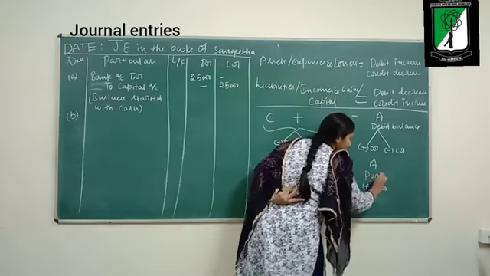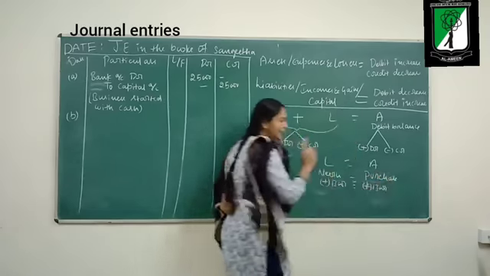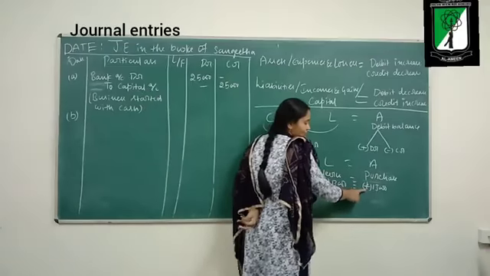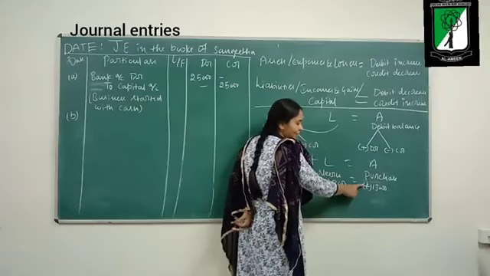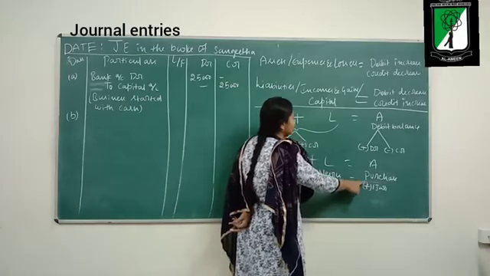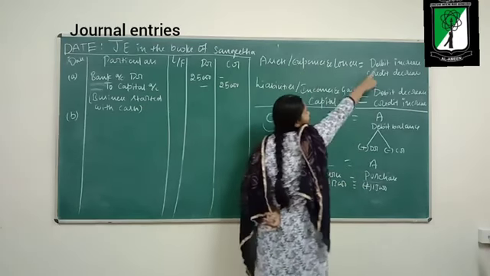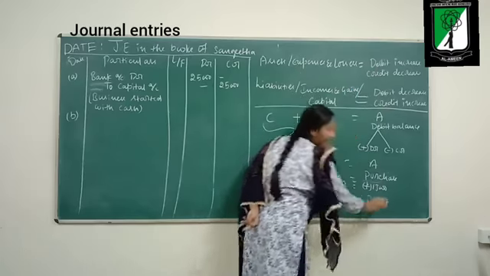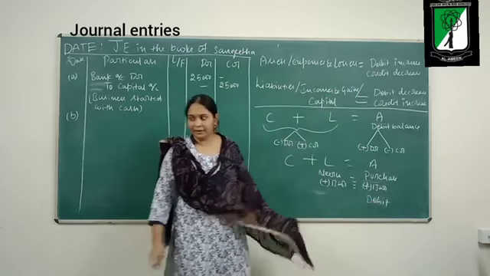It has purchased goods, so you should write purchase. So what is happening to my asset? It is increasing. Increase in asset should be debited. Debit increase.